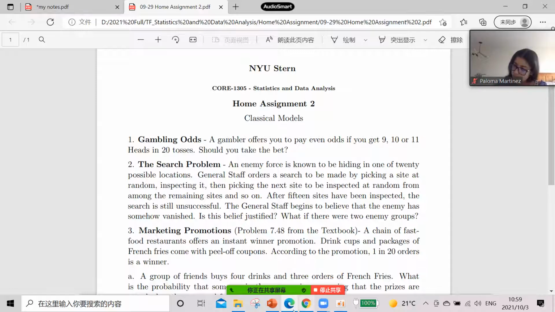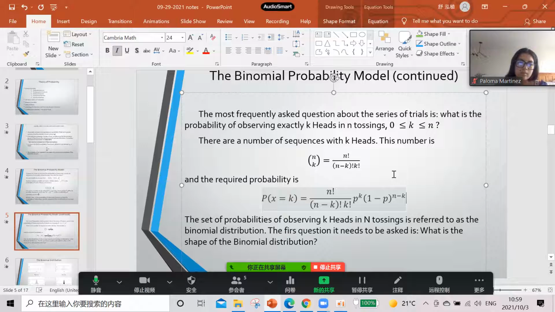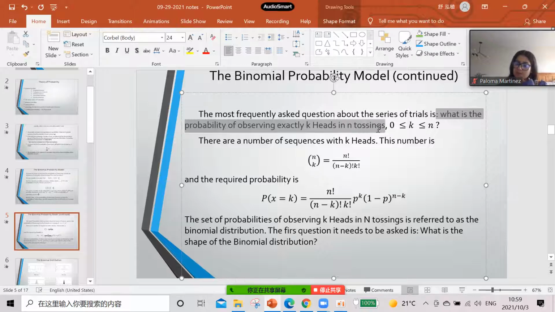Actually, we have already solved that. This formula is for the probability of observing exactly k heads in n tosses. And now my question is, what is the probability of observing 9 heads in 20 tosses? You just apply this formula. Then the second question is the probability of observing 10 heads in 20 tosses.